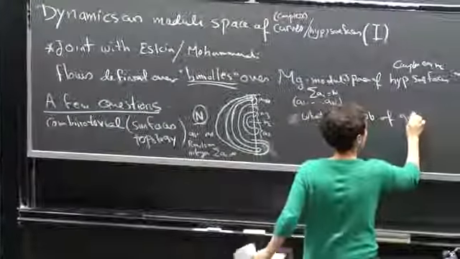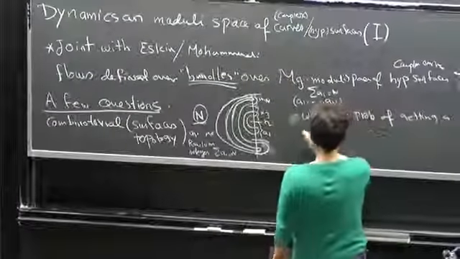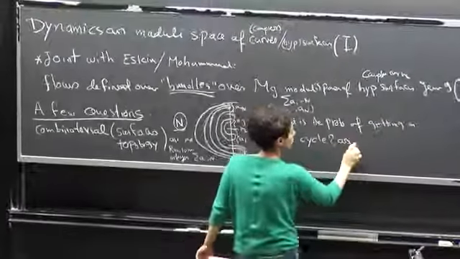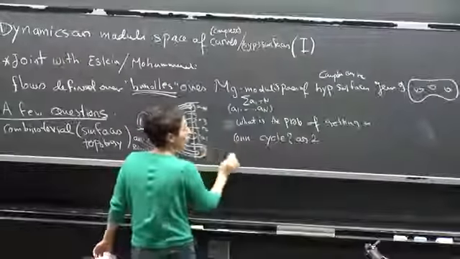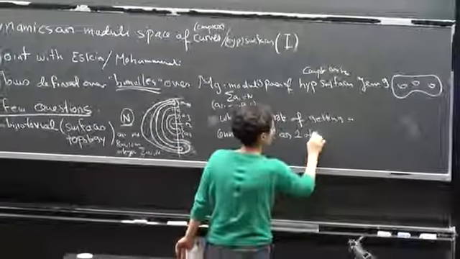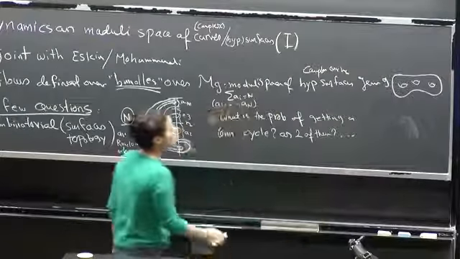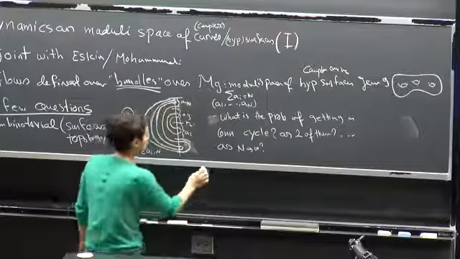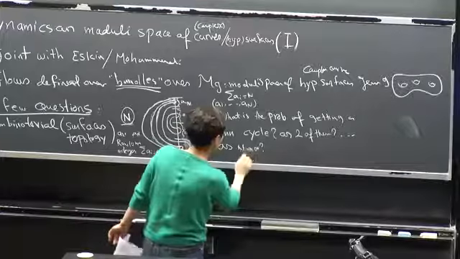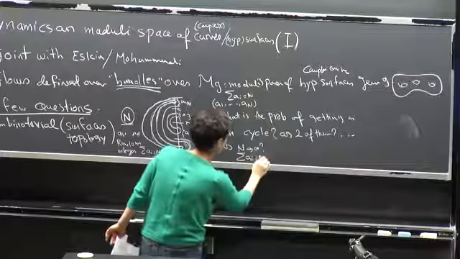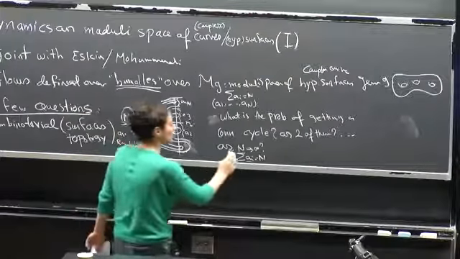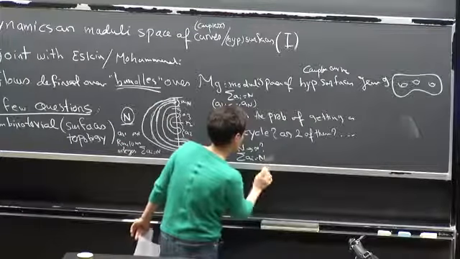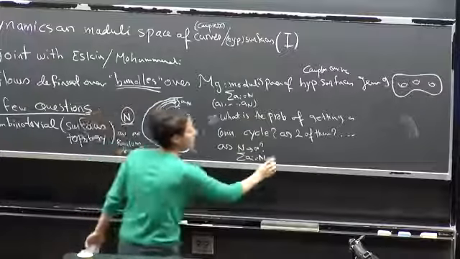What is the probability of getting a connected cycle, or two of them, as n goes to infinity, where the sum of the AI is equal to n, and the AIs are integers chosen as a random point?